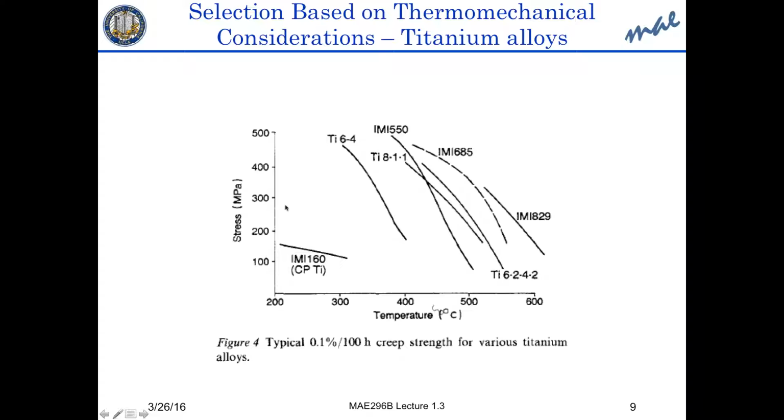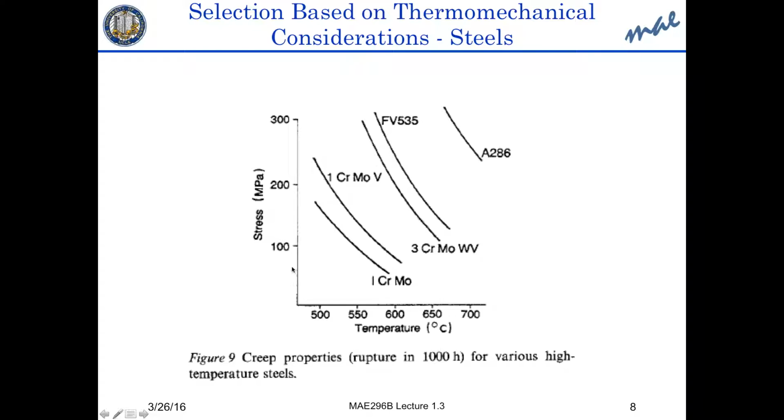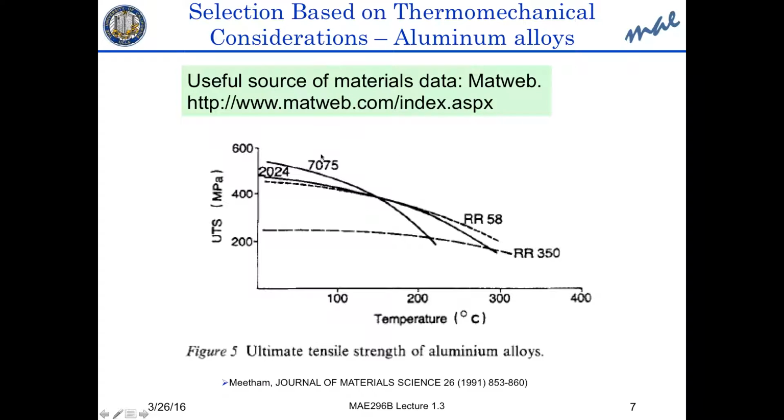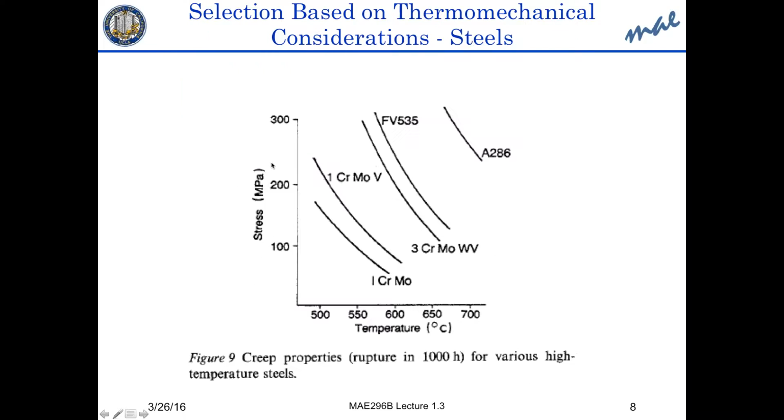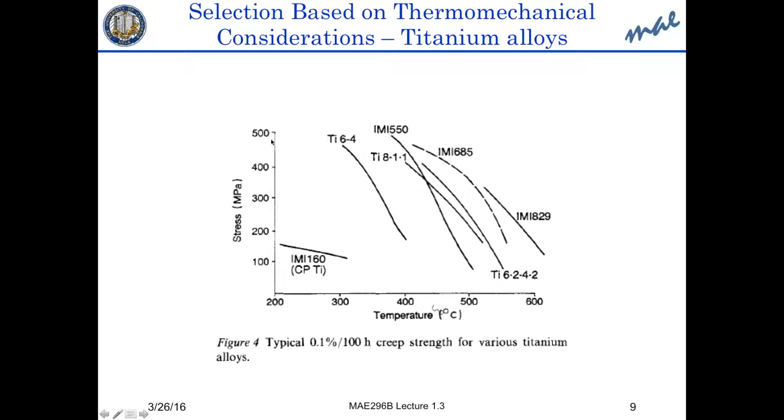And again, the range is very similar to steels, from 100 to 500 MPa. So you can see 100, 300, 200, 600. So that's kind of the range that you'll be considering in most of the designs, and will be allowed to use.